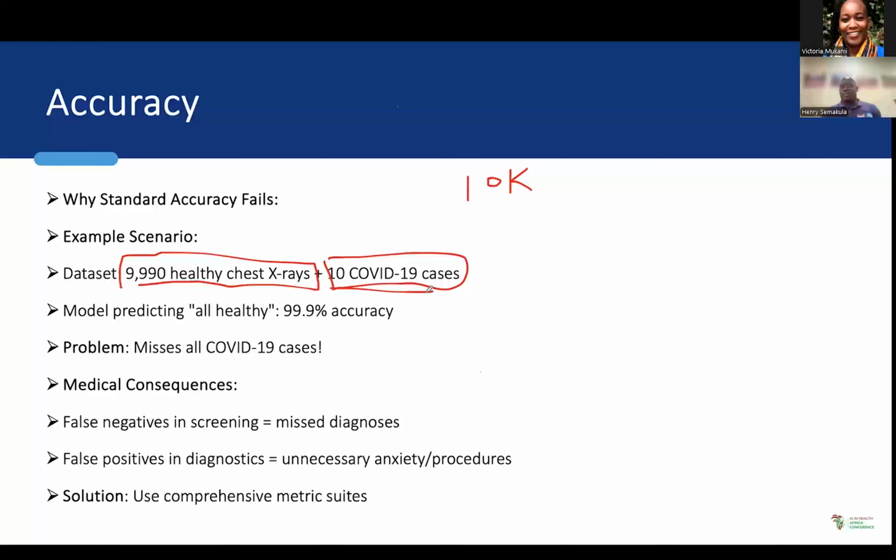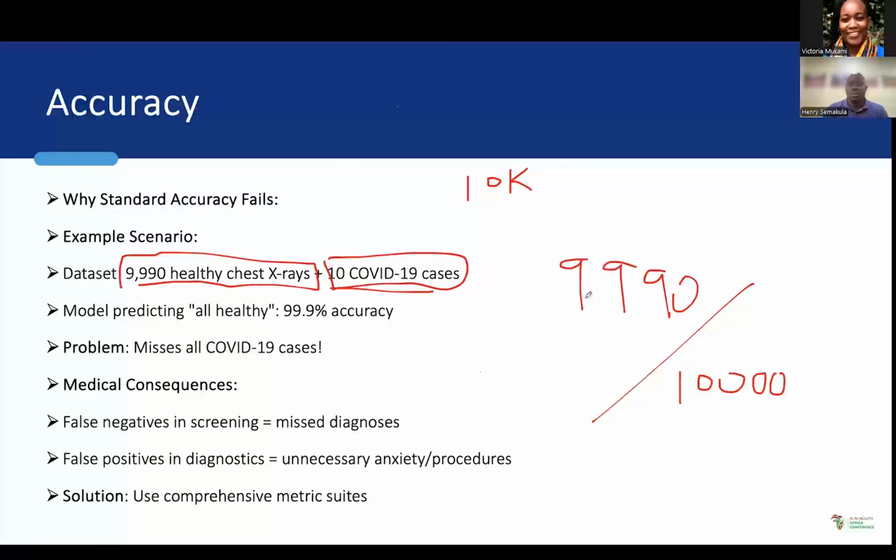If the model says the person has no COVID, to calculate accuracy we get 9,990 divided by the total number, which is 10,000. So you will get that your model has an accuracy of 99.9.